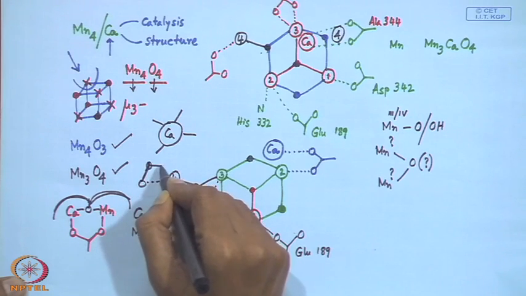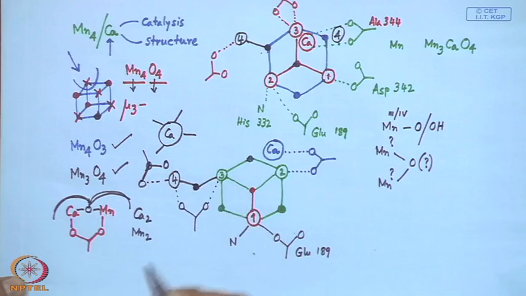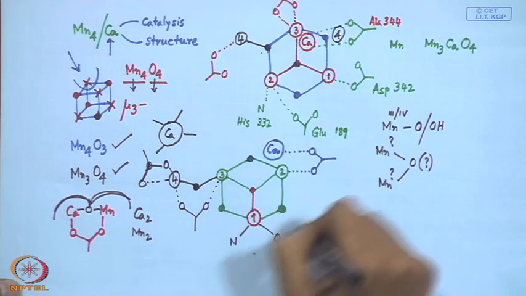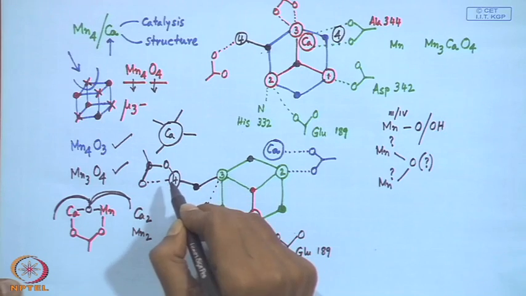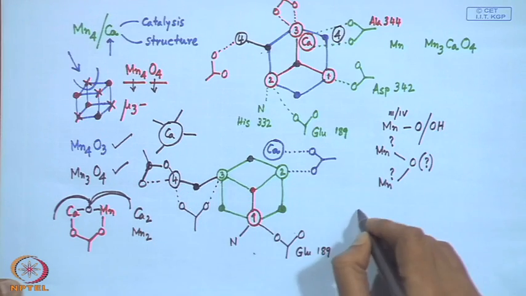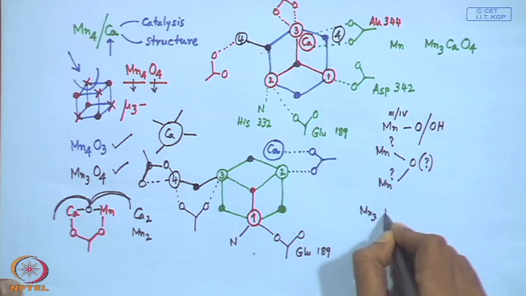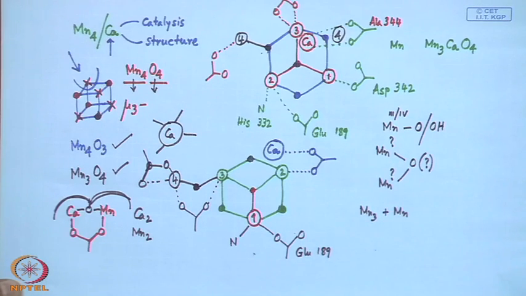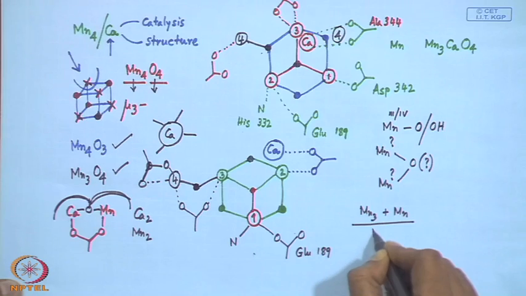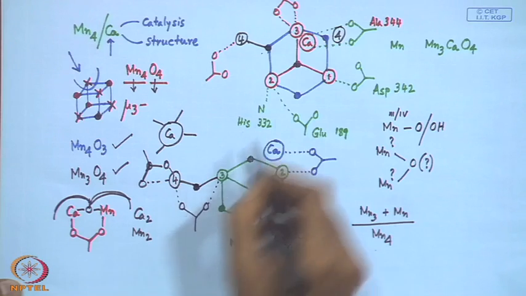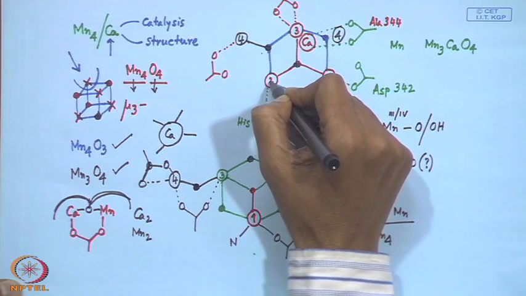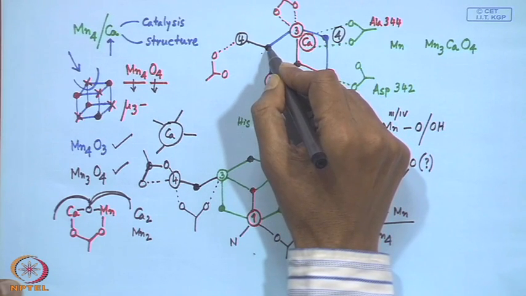So, you have this group, so it has moved, but your number 4 manganese cannot move that much. That is why it is a system where you have Mn3 plus one manganese that is different from an arrangement where you have a regular cube structure. Basically we are moving one manganese over here.